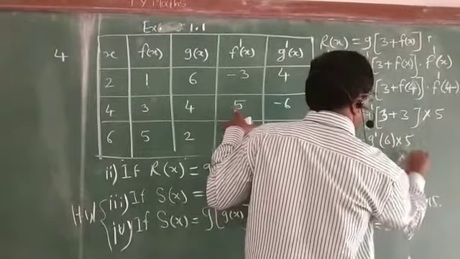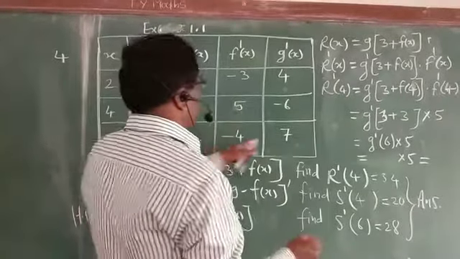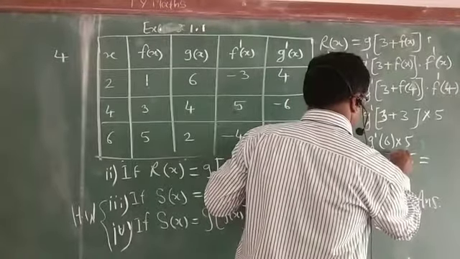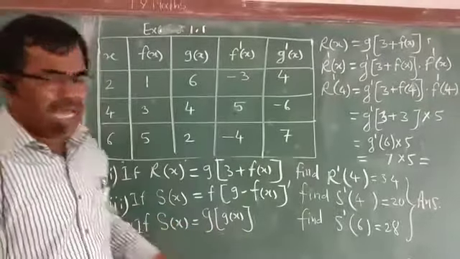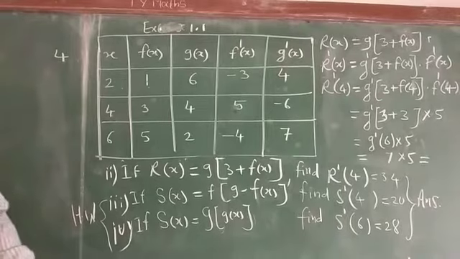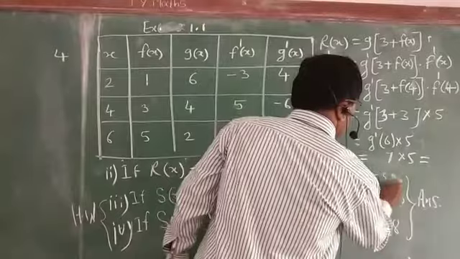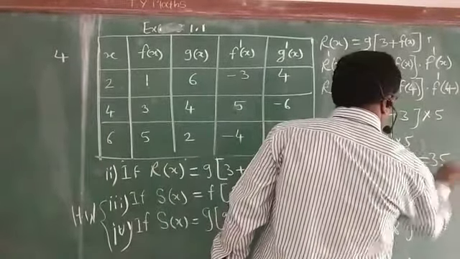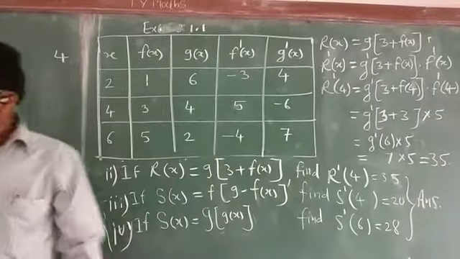G dash 6 equal to 7. R dash 4 equal to 35. Answer, 35.